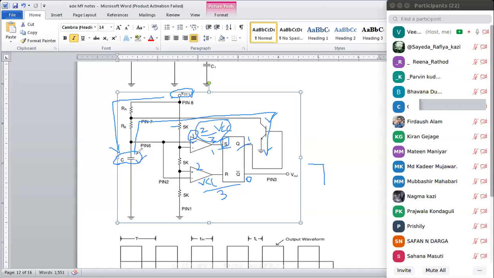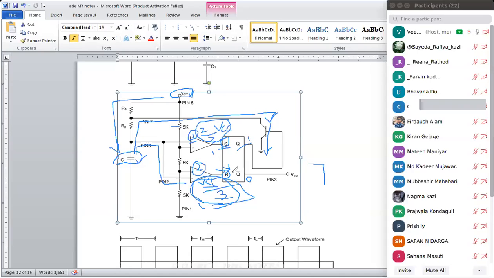Whenever the capacitor value reaches VCC by 3, because this comparator 2 is generating VCC by 3, then comparator 2 will operate and it will give a high value to the reset.